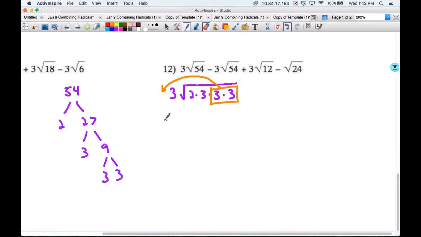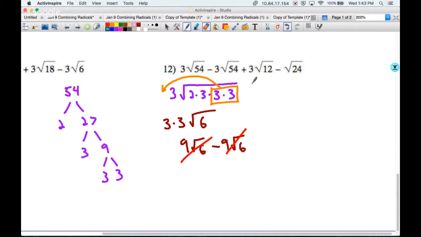And so this becomes 3 times the square root of 2 times 3, which is 6. That simplifies to 9 root 6 for that. This is just the same thing again, minus 9 root 6. So those two terms are just going to cancel each other out.